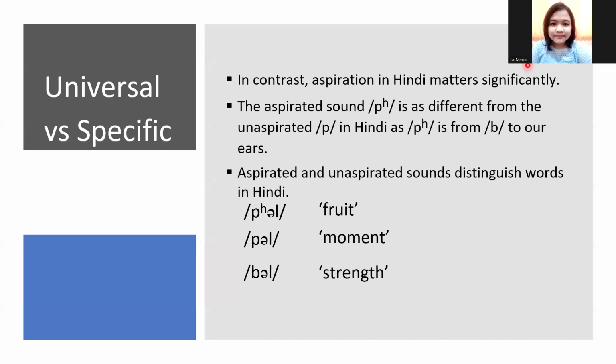For example, we have the p sound here. Some of them need to have the diacritic h, but others do not need to have the diacritic h. So it depends on the words in the Hindi language.